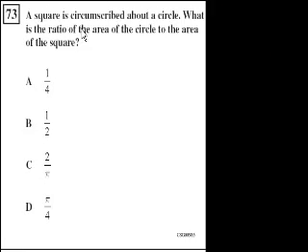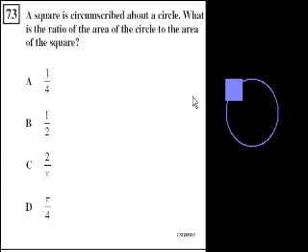Okay, a square is circumscribed about a circle. What is the ratio of the area of the circle to the area of the square? So the square is circumscribed about the circle. Let me draw the circle and the square. If that's my circle, and then if I want to draw a square, see if I can. Nope, that's not what I wanted to do.